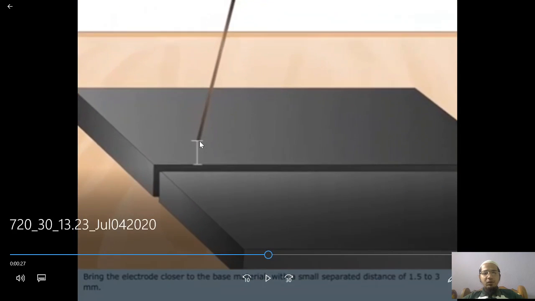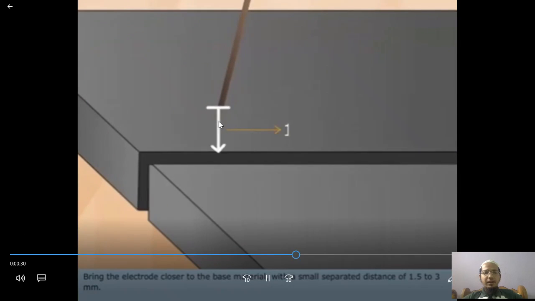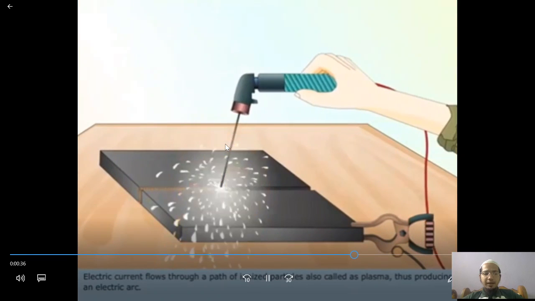This electrode is placed as close as possible to the base material or the member where we are going to weld, such that it should be at a distance of 1.5 to 3 mm. After that the heat is provided by means of electricity or direct current supply.